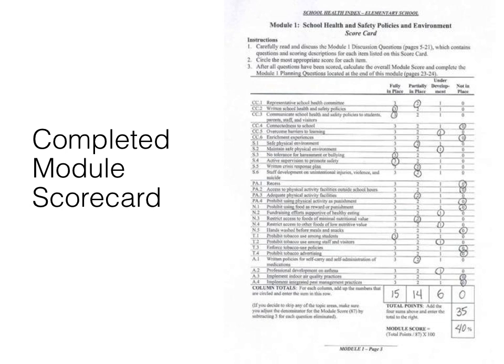I think it's a little bit blurry on the slide, but to the left of where it says 40%, it will tell you the number of points available for this module. It says 87 points. So for this scorecard, the overall percentage is 40%.